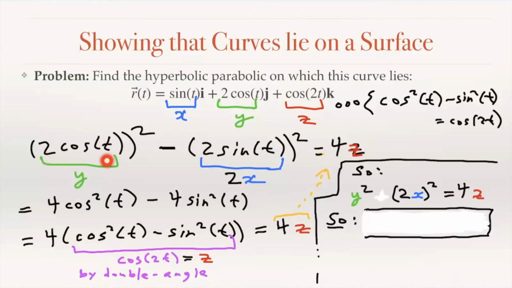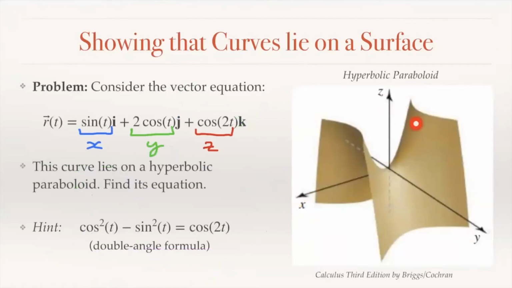So we have found that y squared minus 2 times x squared is equal to, well, 4 times z. So y squared minus 2 times x squared is 4z. So y squared minus 4x squared is 4z. And we can simplify that if we want, but that is the equation of a hyperbolic paraboloid.